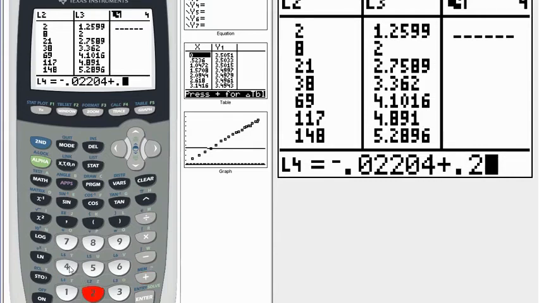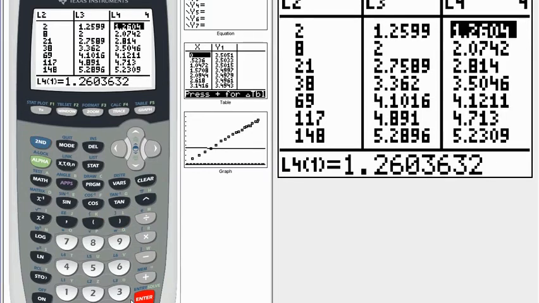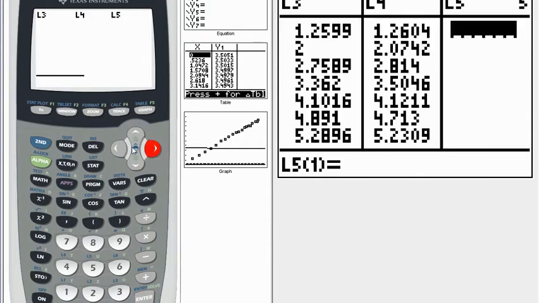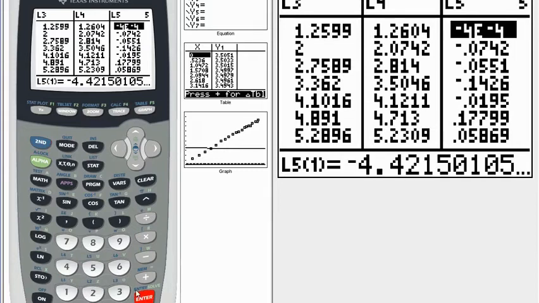There's my y-intercept plus the slope times, and remember where you have your x values, we are using the L1, the non-transformed x values. And so we can see what our residuals are. And these are residuals for the cubic root of the weight. So L3 minus L4 gives me my residuals.